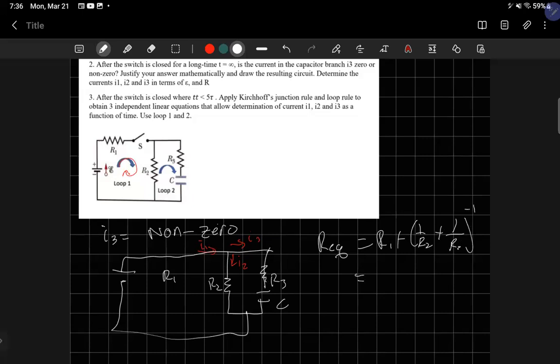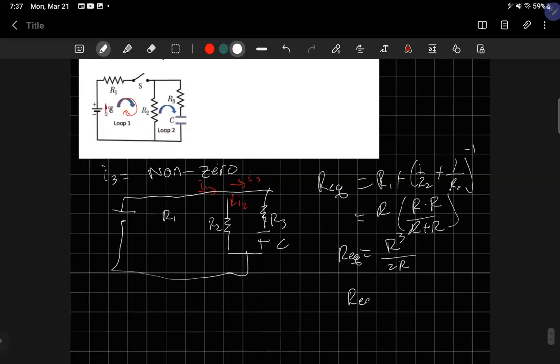They're all R. So R times R over R plus R gives me R squared over 2R, which is R over 2. So R equivalent is R plus R over 2, which gives us 3R over 2.